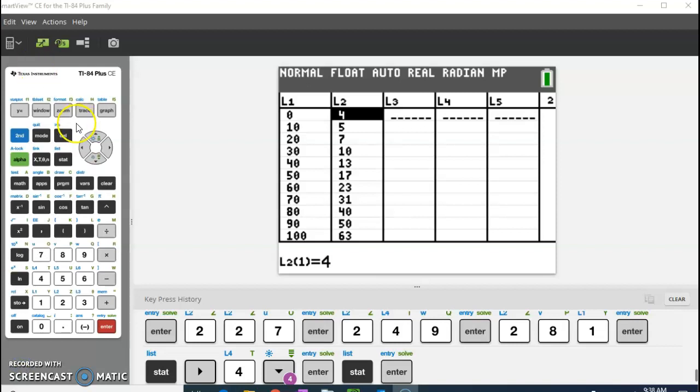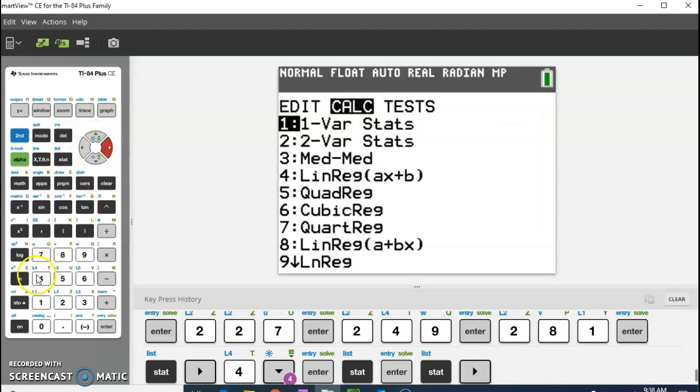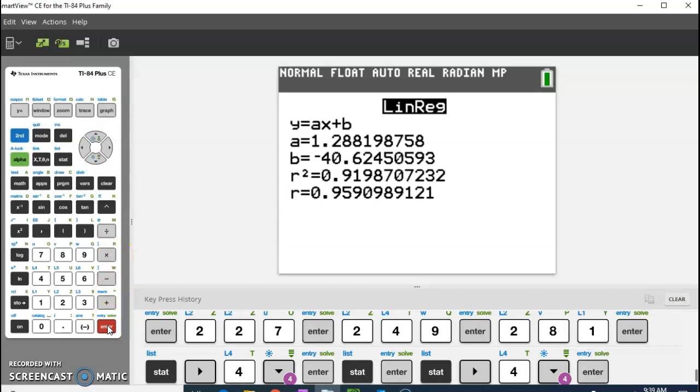And now I'm going to go to Stat and Calc, and I'm going to do the linear regression model first. And I'm going to do everything to 3 decimal places.